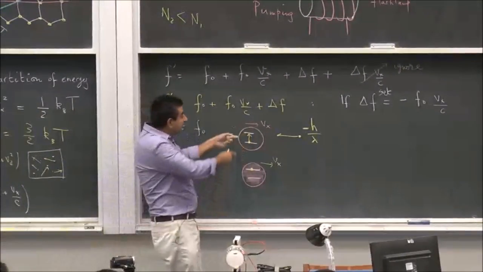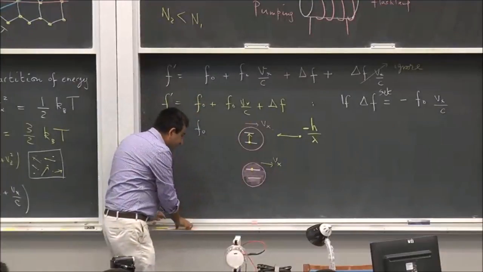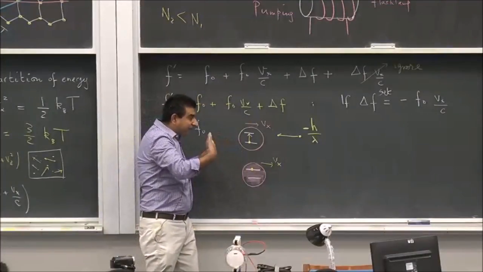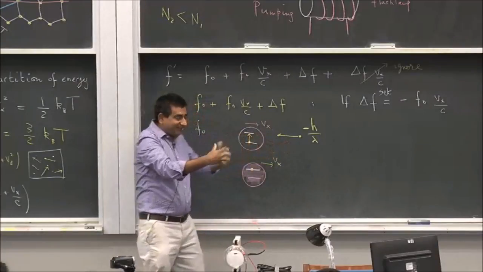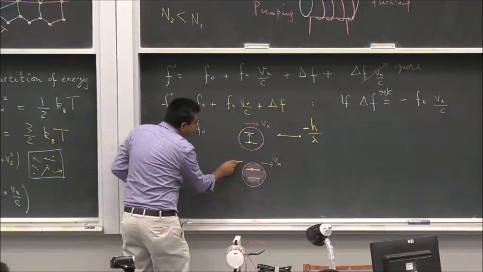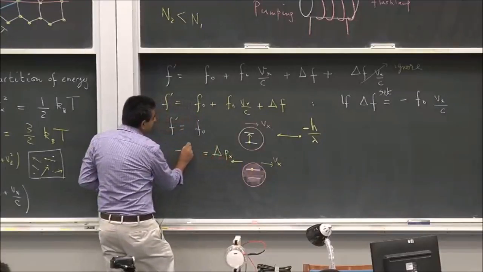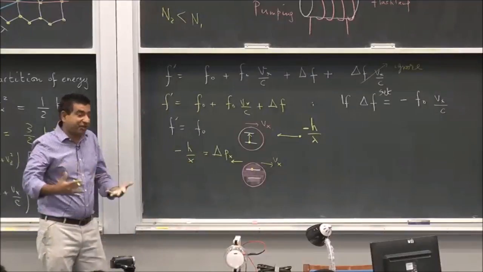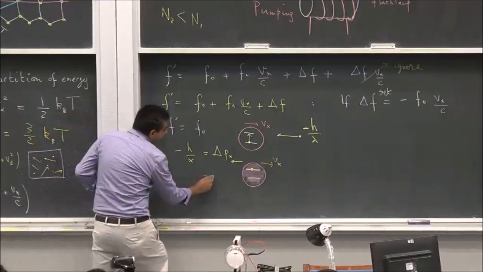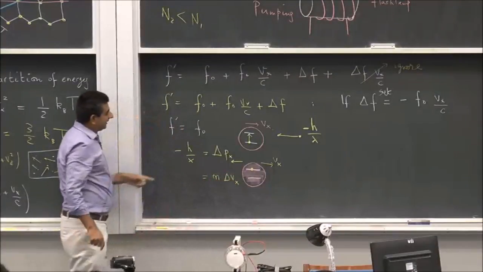It rebounds, it changes its direction. In other words, it decelerates. If it was moving with speed Vx, it decelerates. It gets a kick of momentum delta px, which equals minus h over lambda. So its speed changes: the mass of the atom times delta Vx. This is negative.